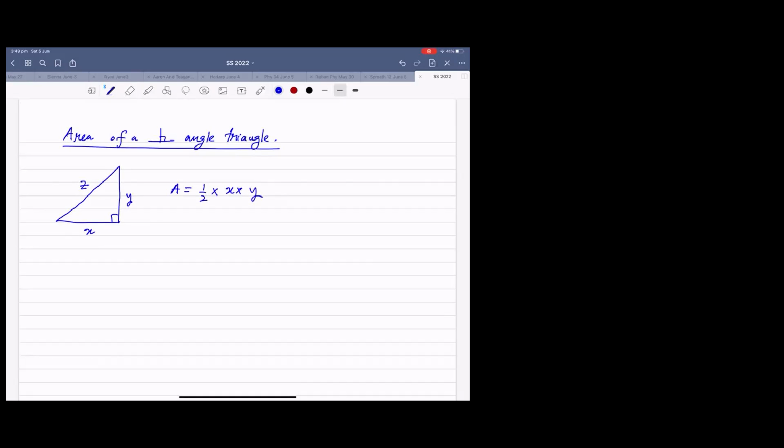For example, this is 2, 3. Area would be half times 2 times 3. That's 3. Okay. So it's like that.